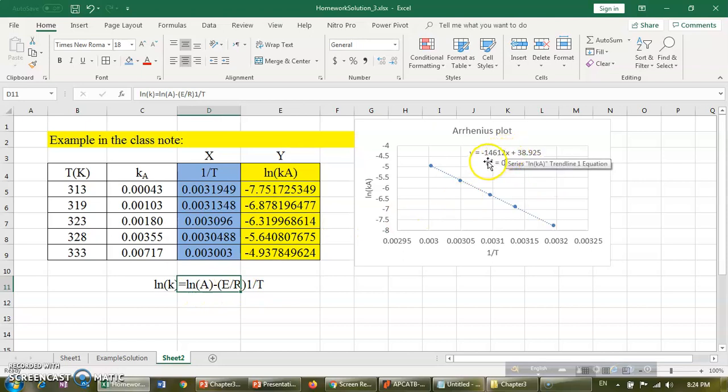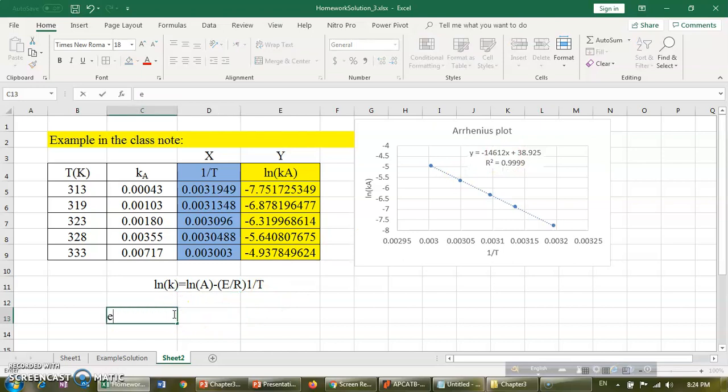So E by R is 14612. Comparing things, we have E by R equal to, and we have a negative value, so the negative sign cancels out, since it's a negative slope. So you can write down 14612. That is E by R.